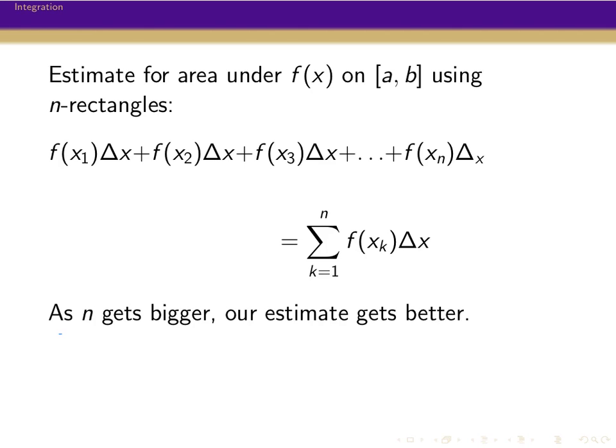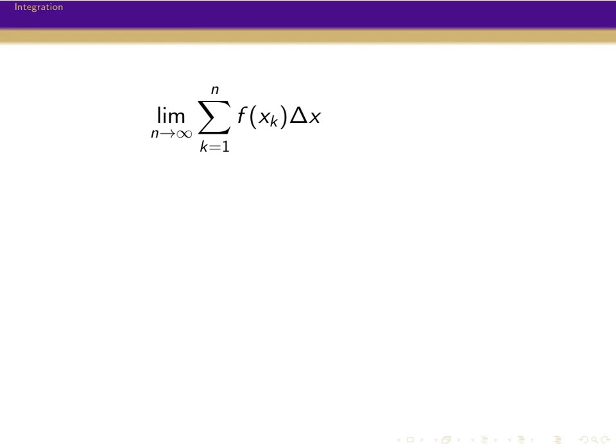So as n gets bigger, delta x is going to get smaller and go to 0, and our estimates are going to get better. So how would we get it to the exact area? We'd have to let n just keep getting bigger and bigger, and this brings in the idea of taking the limit and letting the number of rectangles we use go off to infinity.